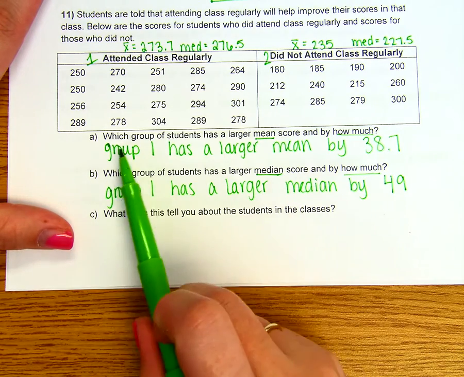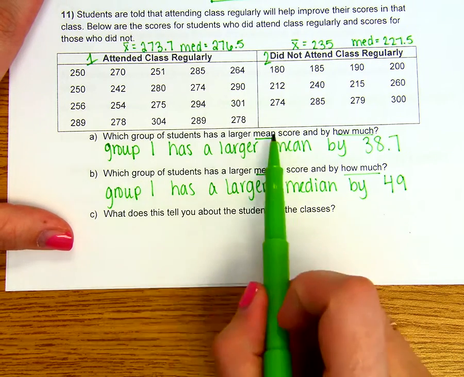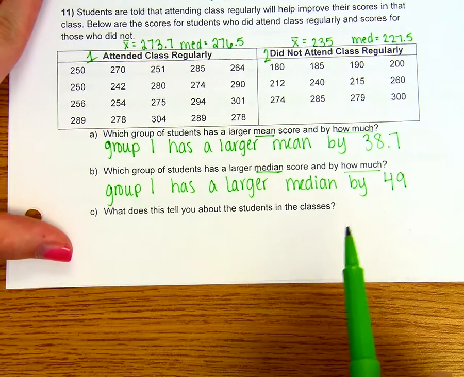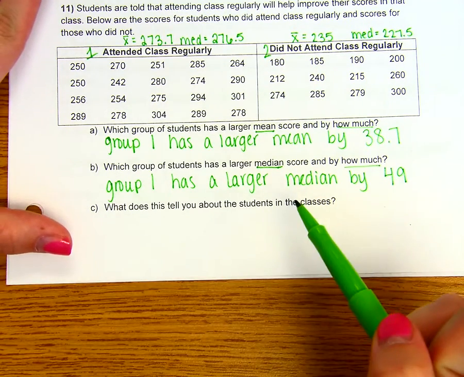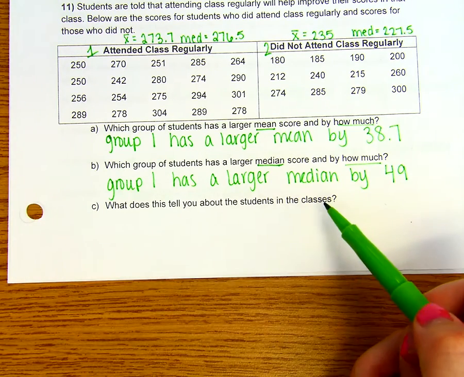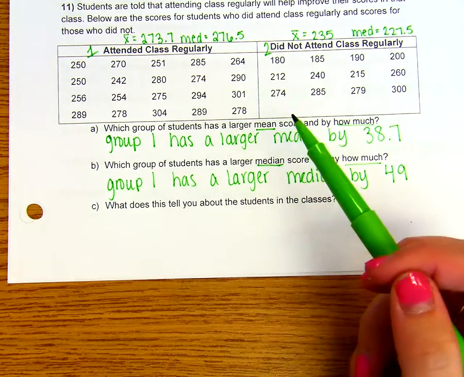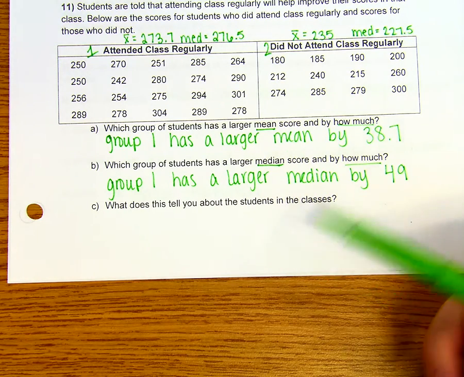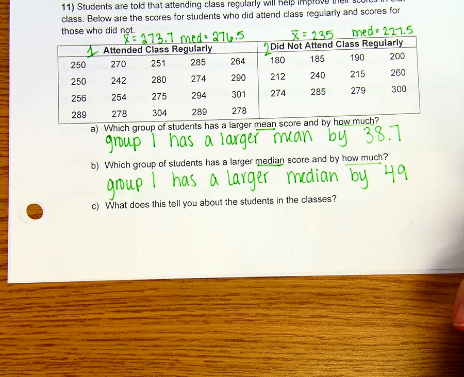For these questions here, you need to make sure that you are answering the whole question. It asks for what group and by how much. So you need to make sure that you write the group and by how much. If you don't have that, you're not going to get full credit. Also, it says, what does this tell you about the students in the classes? So we need to come up with some kind of statement that tells us about the students in the classes.